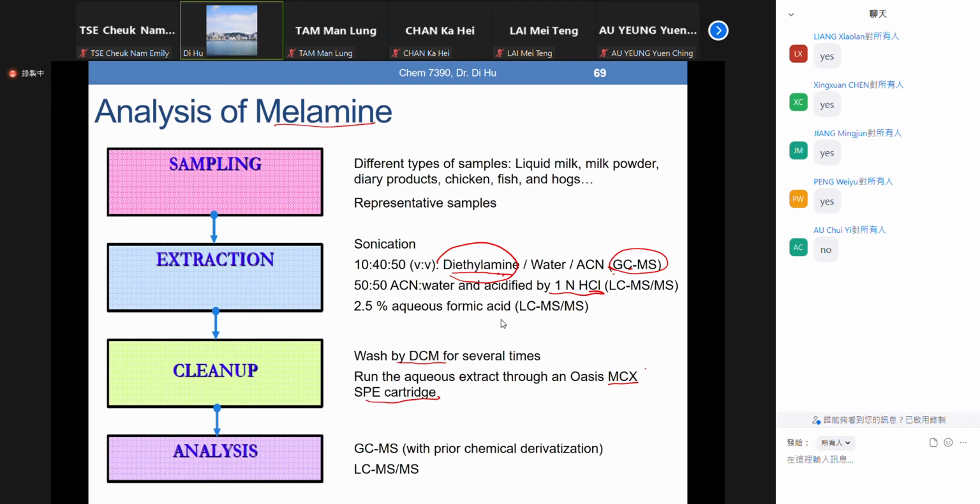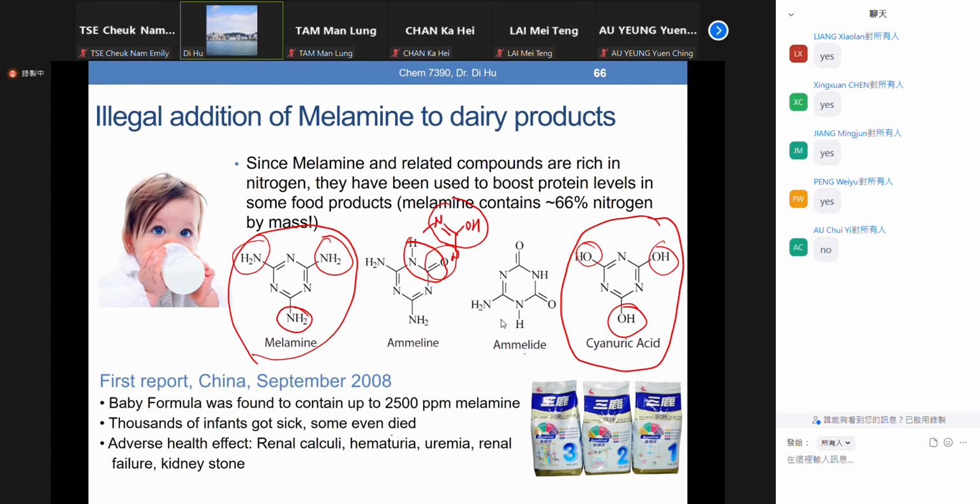Okay, and then what kind of instrument can we use? LCMS is definitely a good choice. We're talking about LC, and we give the example here. How about GC? If we want to use GCMS, it's not really good because of these amine compounds. You can see NH2, we call this an active hydrogen. OH, we also call this an active hydrogen. They make the compounds too polar to run in GCMS.